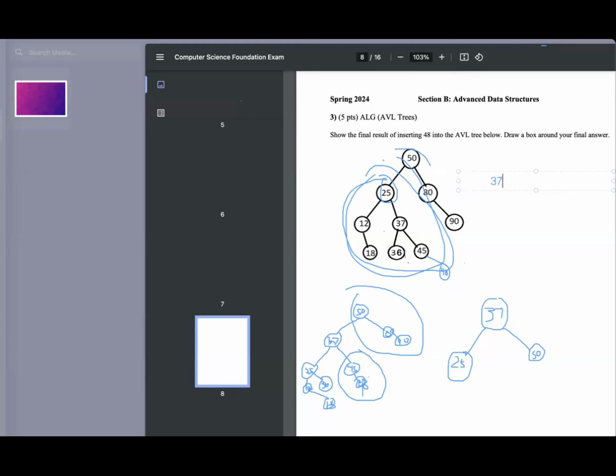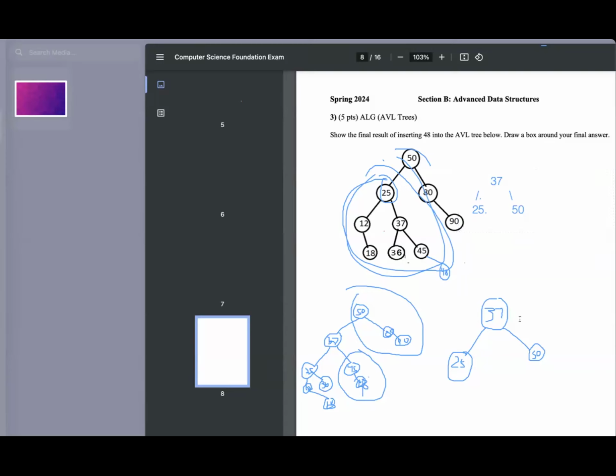So this will be 37. And then from here, we got 25, 50. Wow, this is a lot harder to type.